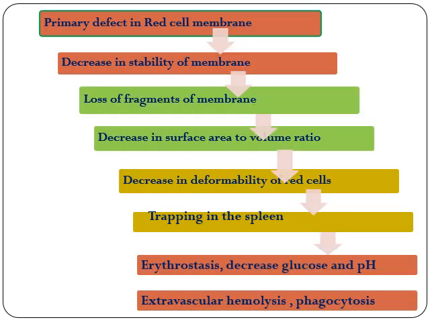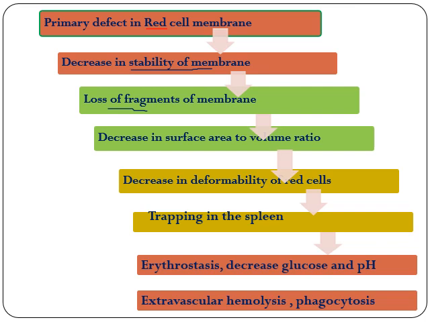Now in detail, in the last slide we talked about what defects can happen in the RBC membrane. Due to any defect in the red cell membrane, there will be decrease in stability of the membrane. With this decrease in stability, in each cycle there will be loss of fragments as vesicles.